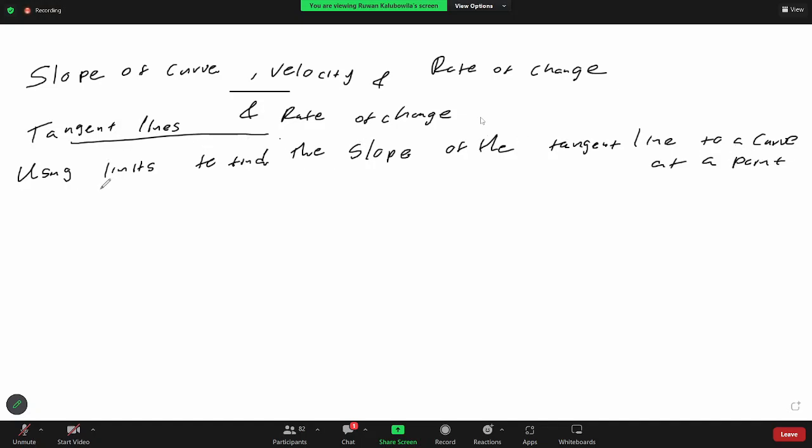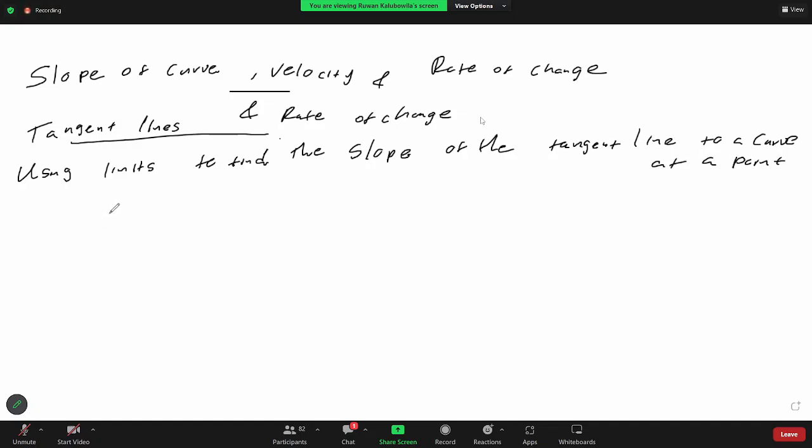Whatever we have learned, we learned the limits. Using those limits, actually we can find the slope of the tangent line at a point. That is why we learn limits.